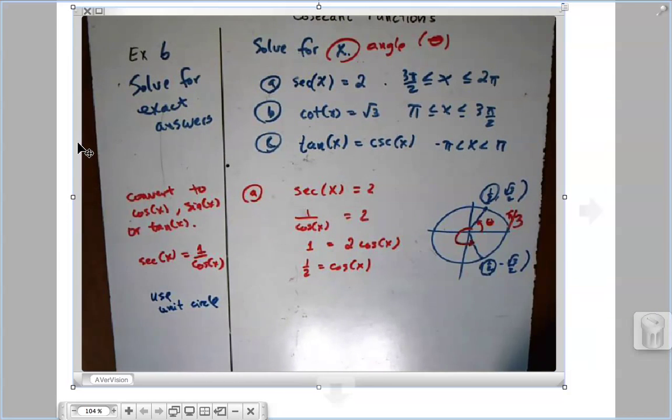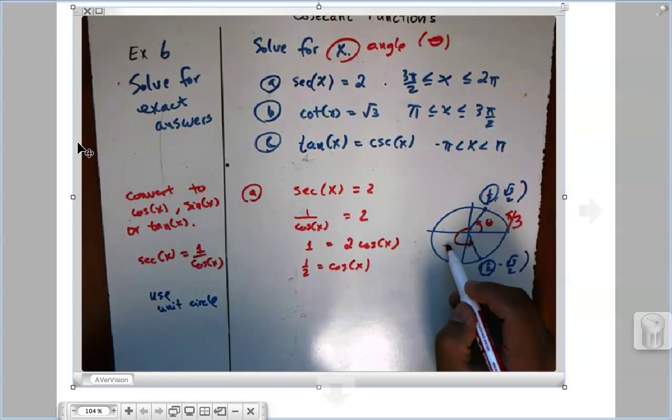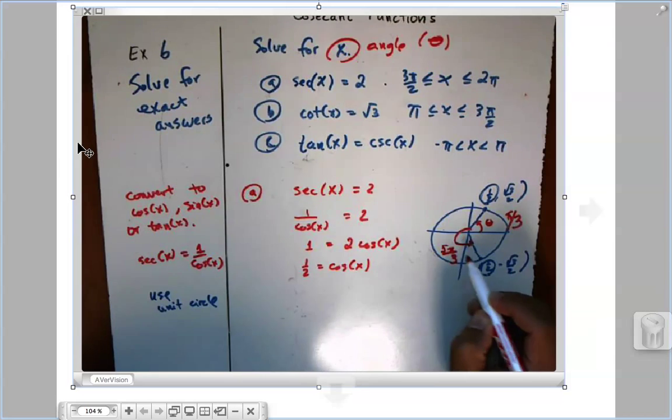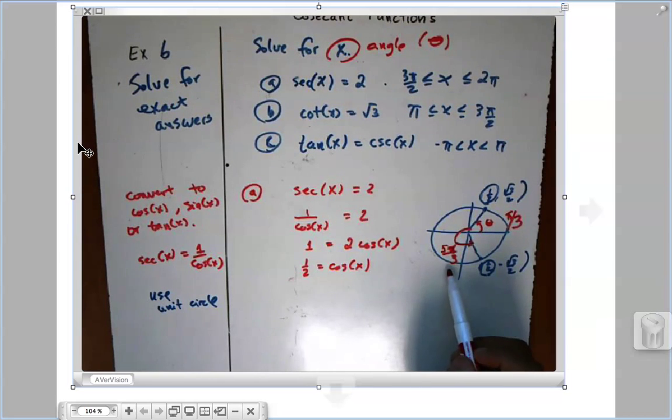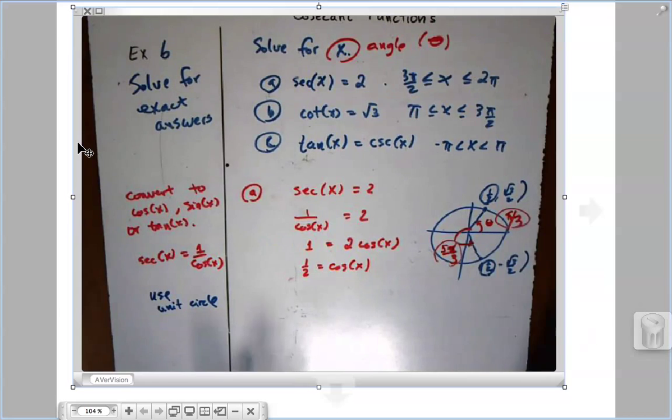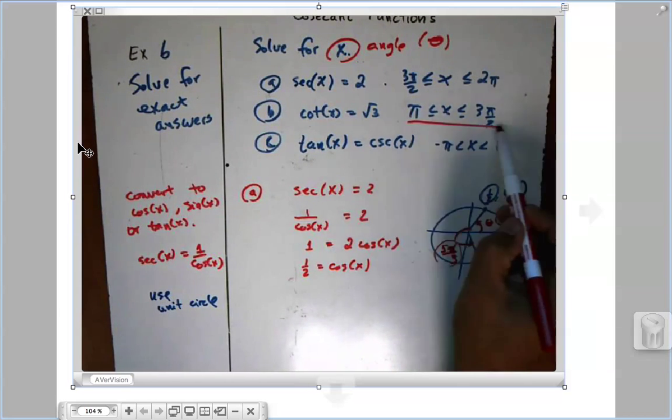So you should know that in this particular case, it is 5 pi over 3 radian. And this gives us two possible answers. You have two possible answers, and we have to narrow it down.